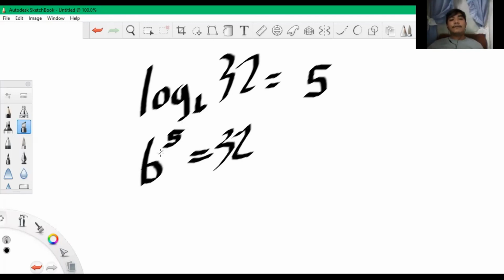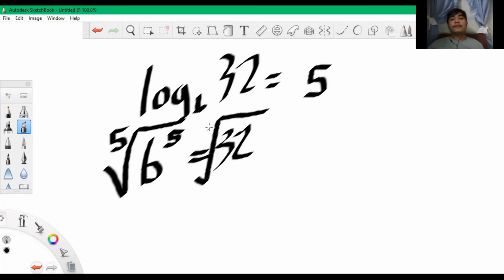And we have to solve for b raised to 1. However, we have b raised to 5. Paano po natin gagawin na maging 1 ang exponent natin dito? So, pwede nating kunin ang kanyang fifth root. Dahil kinuha natin yung fifth root sa left side, we have to get the fifth root of the right side.